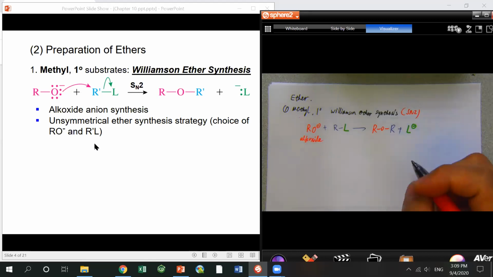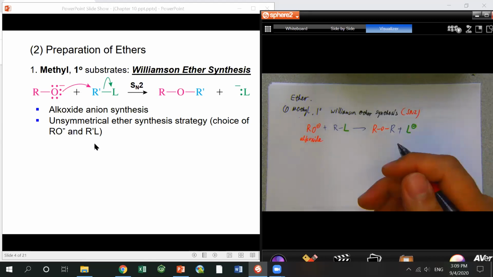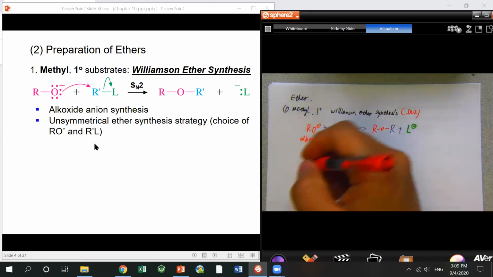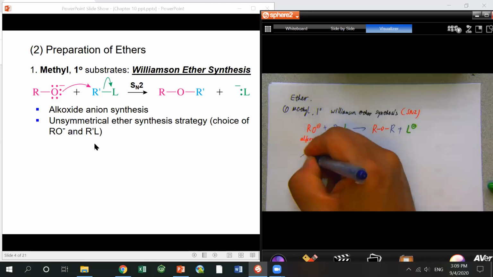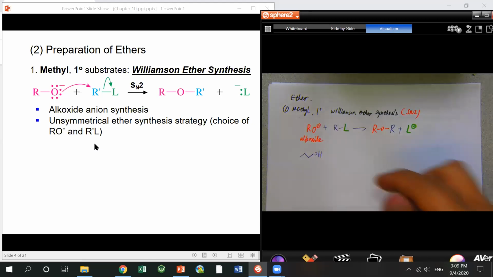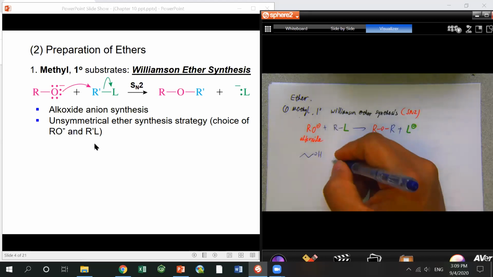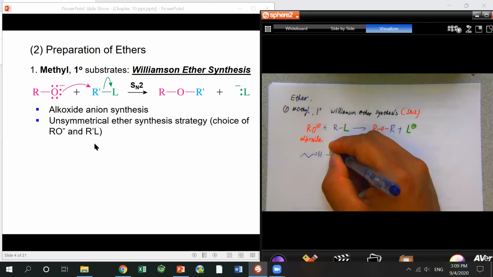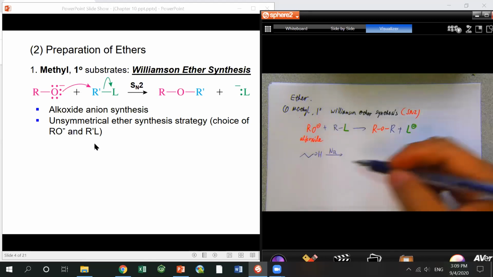One thing is that normally we don't purchase alkoxide reagents. We prepare them from the corresponding alcohols. Let me give you one example. We want to get the propyl alkoxide, so we start from propanol. The reaction is actually pretty easy: just add some sodium metal. Be careful and make sure there's no water.